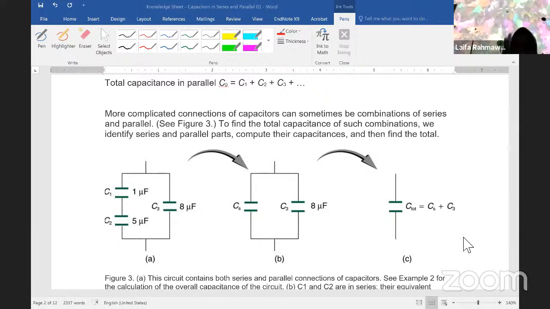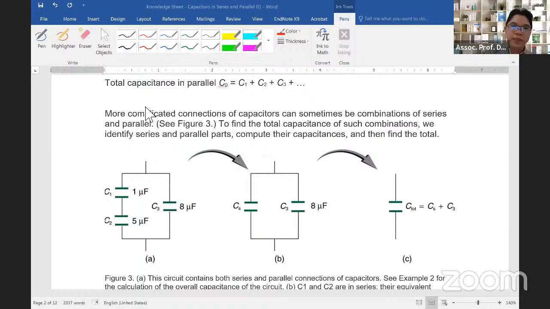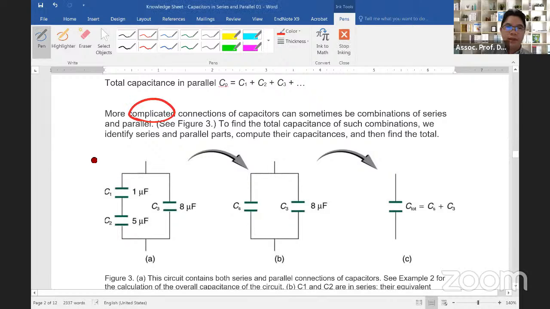For a complicated connection, you may have a series here, and then you connect it as a parallel here.